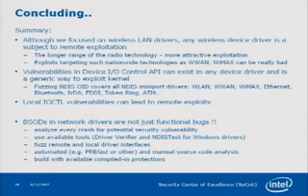Vulnerabilities in the device I/O control API can exist in any device driver and are a generic way to exploit the kernel. For example, in network drivers, fuzzing NDIS OIDs, object identifiers, covers all NDIS miniport drivers: WLAN, WWAN, WiMAX, Ethernet, Bluetooth, IrDA, and so on. And the last is that local I/O control vulnerabilities may lead to remote exploits. They are as dangerous as any other remotely exploitable vulnerability.